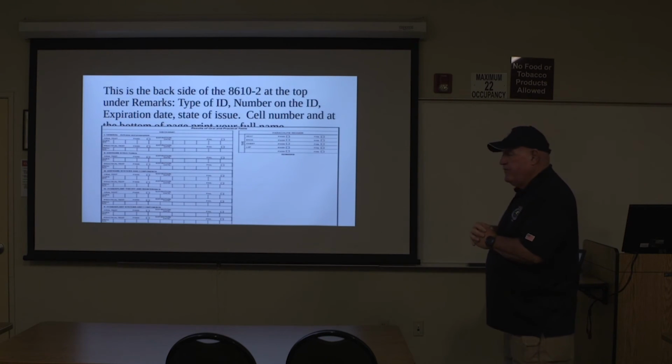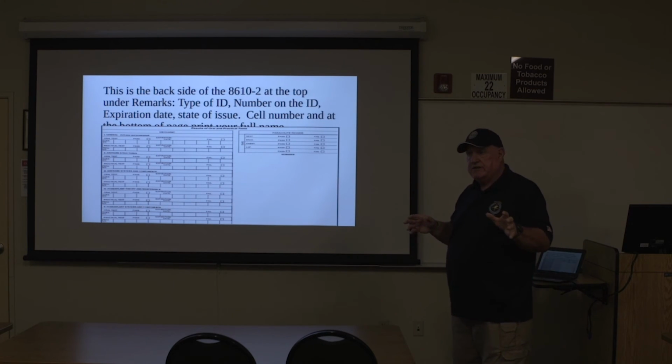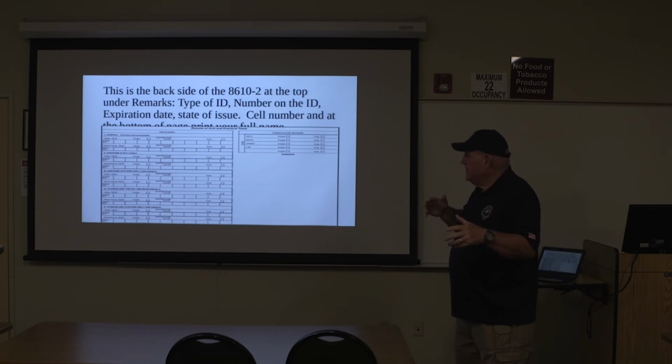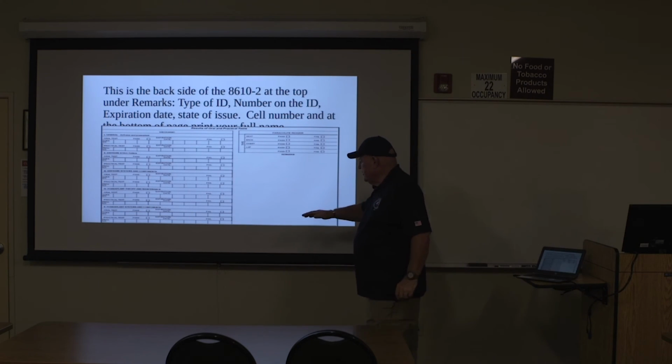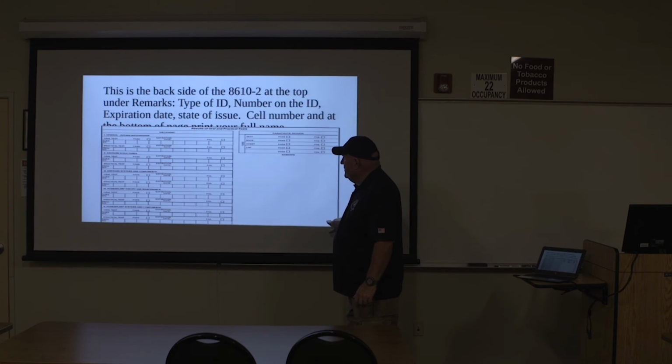On the back side of the form, very important piece as well. If by chance you don't have a 2-sided printer and you come in with individual sheets, then you're going to print your full name at the bottom, right here, of the back side of the form.